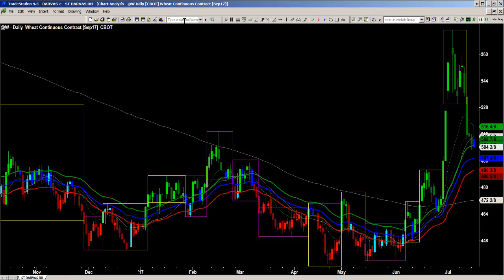So here we have wheat. Now, if you didn't catch wheat today and take that quick ride to the upside, then you've got another shot at it. Now, I say quick ride to the upside because if you take a look at the daily price movement ranges, the price movement ranges that I'm talking about, gang, are not like average true range.